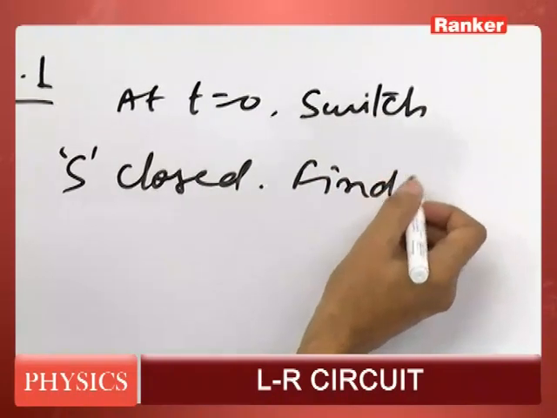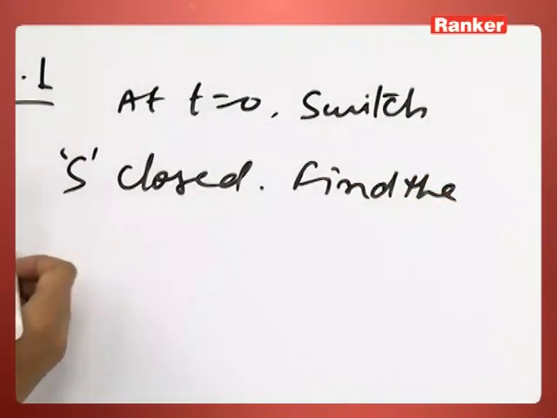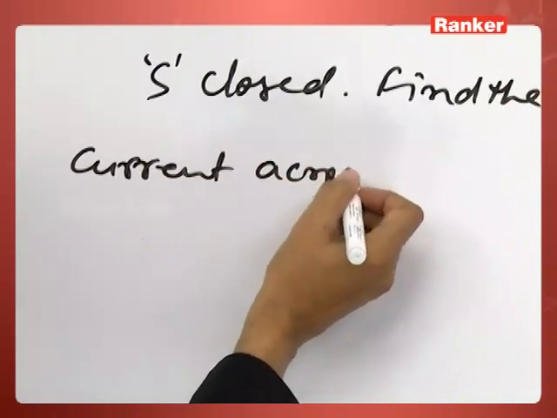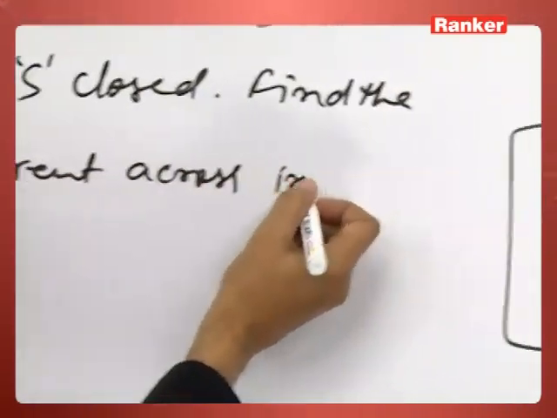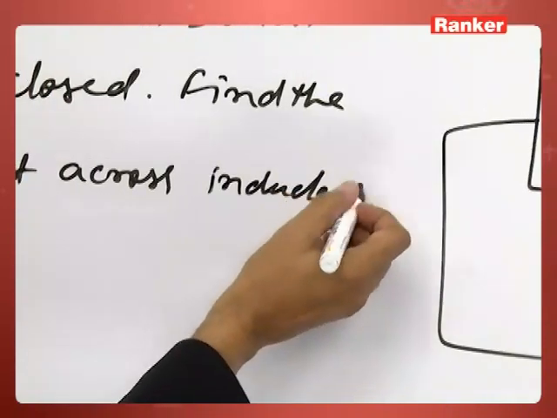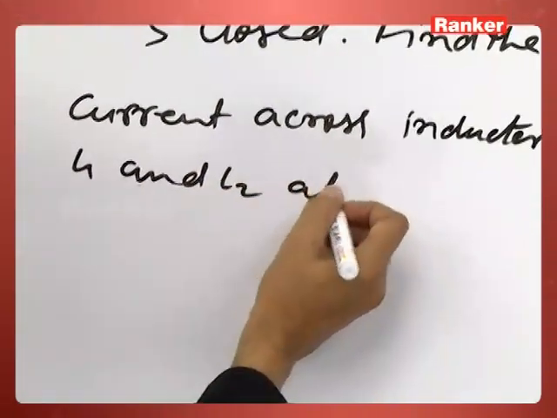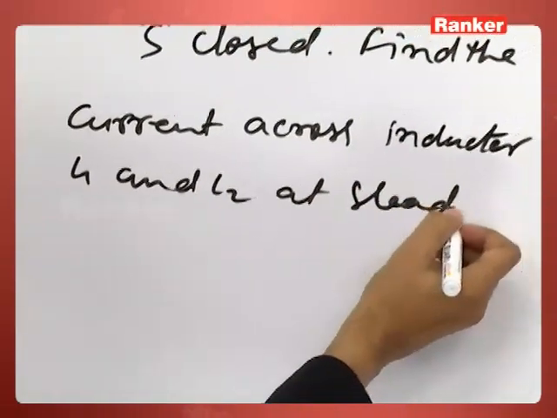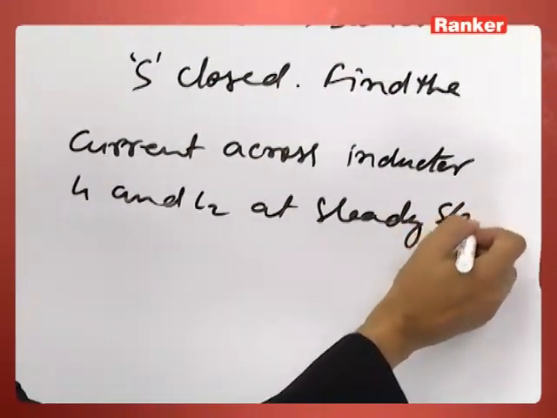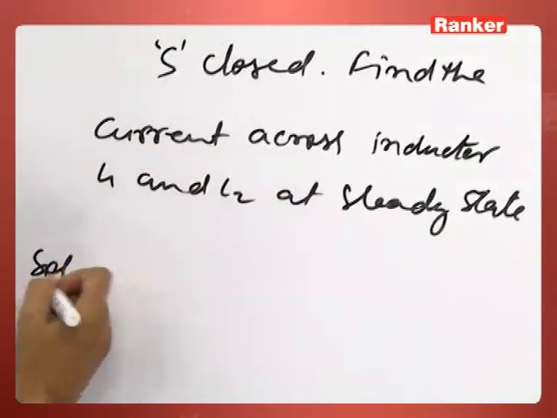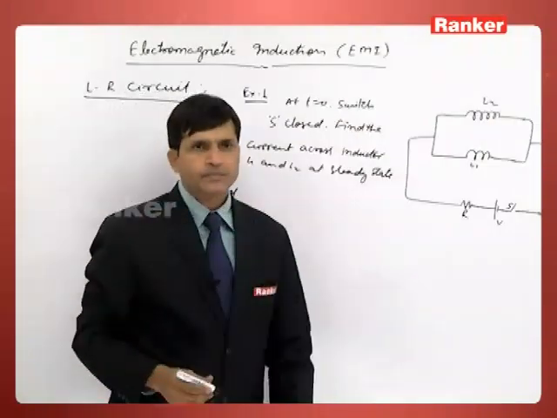Find the current across inductors L1 and L2 at steady state. This is the example, and now see how to solve this one.